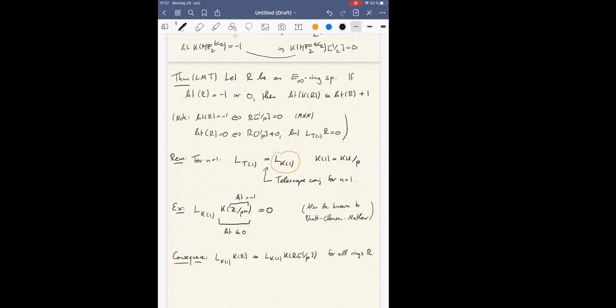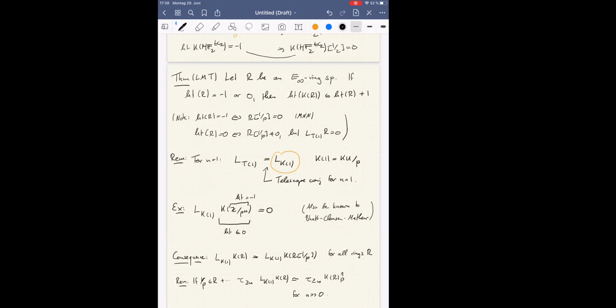And just a remark about this: if p is invertible, plus some other niceness hypothesis, then actually the K1-local K-theory of R is equivalent to the p-adic K-theory for n sufficiently large.